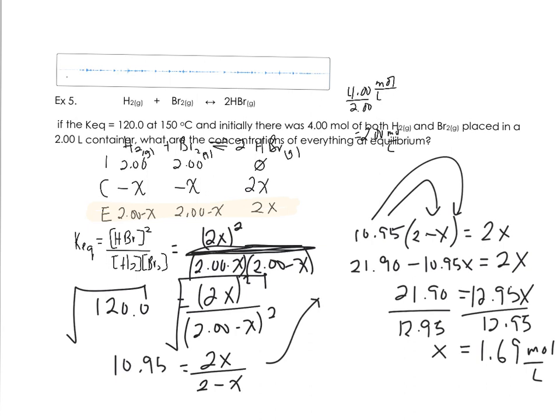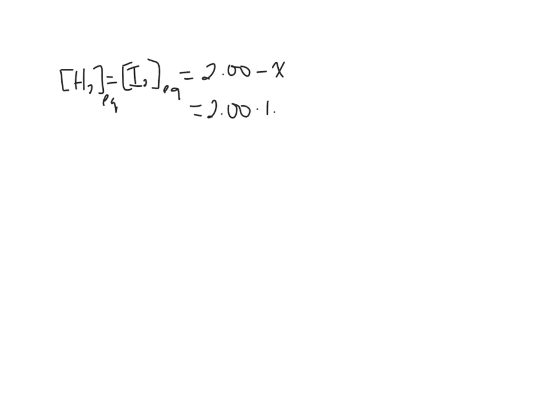So now we plug 1.69 back into our E line. So the concentration of hydrogen is equal to the concentration of bromine at equilibrium, which is equal to 2 minus x. So 2 minus 1.69, so their concentration is 0.31 moles per liter.